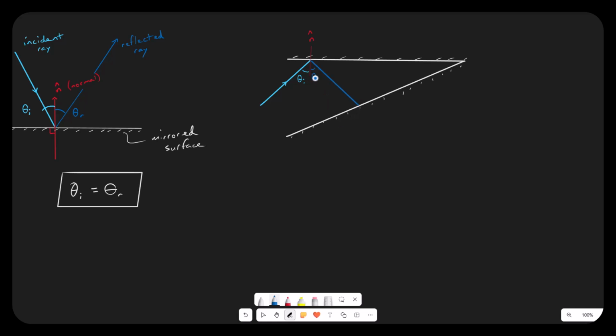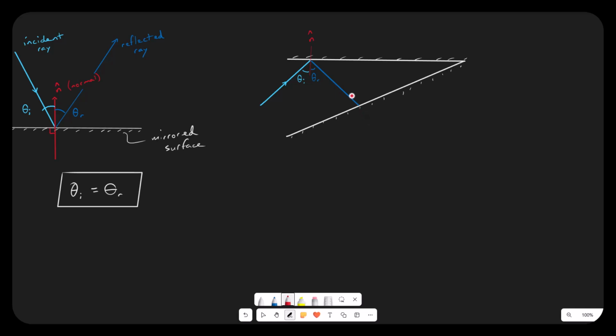There's my reflected angle. Now it is true that if my incident angle equals my reflected angle, then this angle over here is also equal to this angle over here. But we're going to measure everything else in optics off of this normal, so we may as well get used to it now. So now I'm striking here.